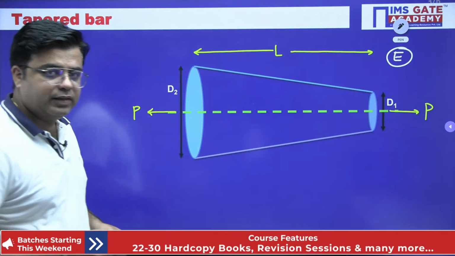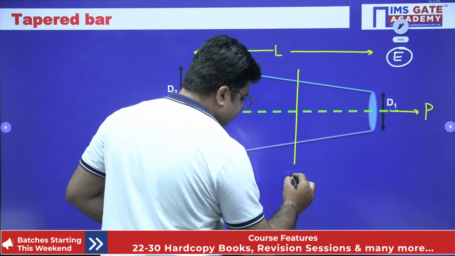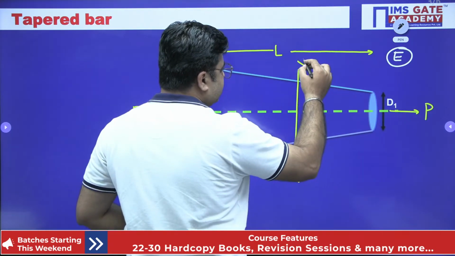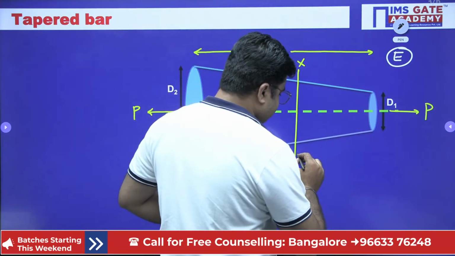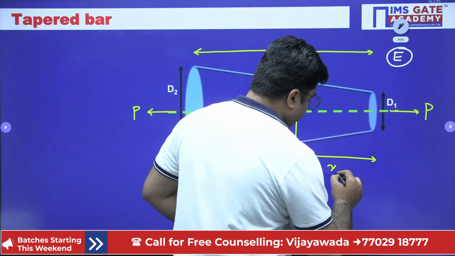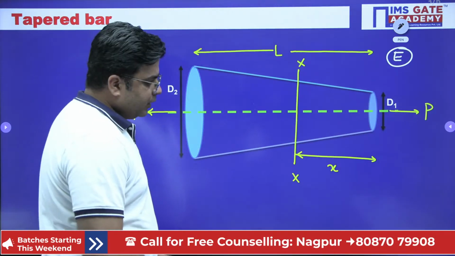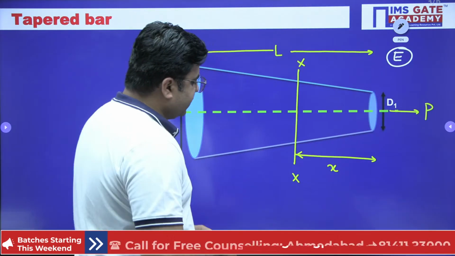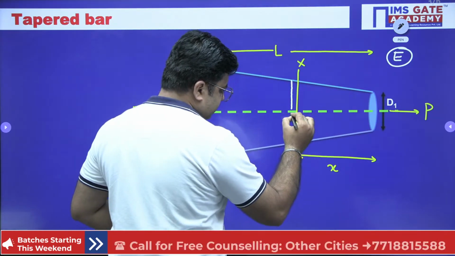Now how to deal with this? Let me consider one section XX, and this section XX is at some distance x from the right end where the diameter is D1, right? At this distance, I'll consider one element of length dx.